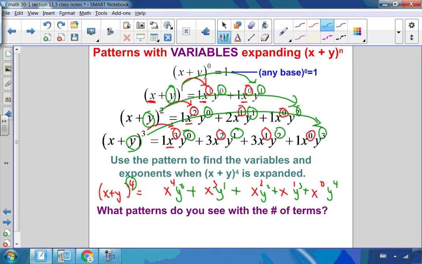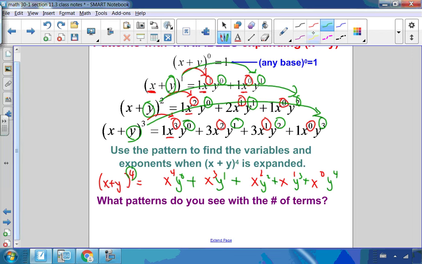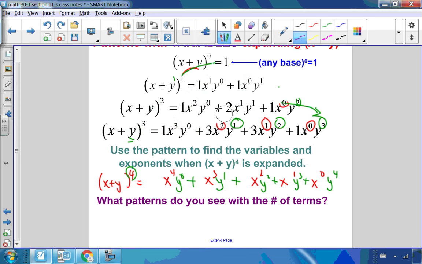Okay, now let's look at the number of terms that we see. So let me do that in a different color. I'm just going to erase all this here so I can see what I'm writing out here. Okay, so when I had it to the exponent of 1, I had 2 terms.